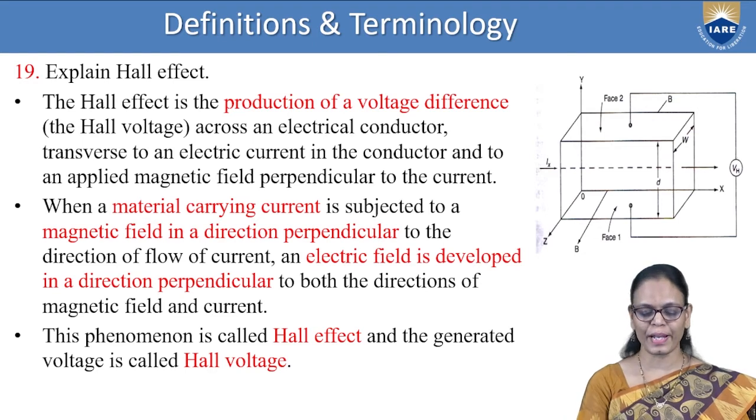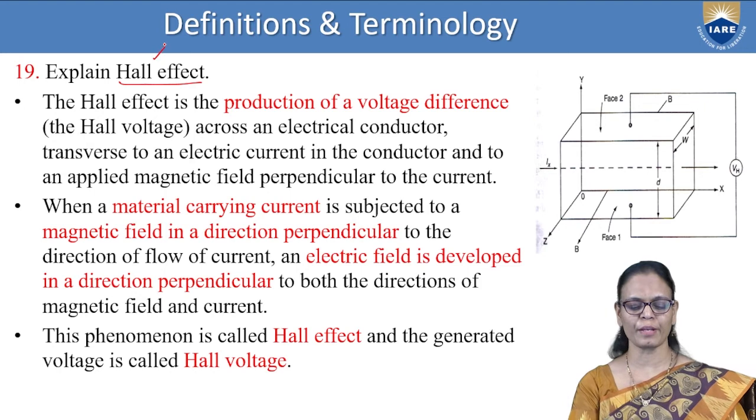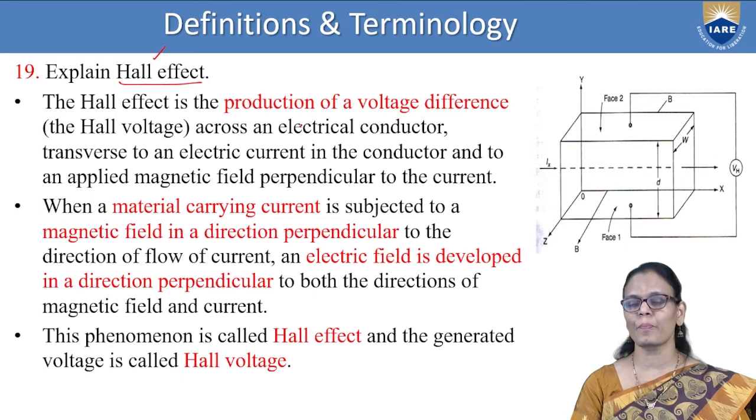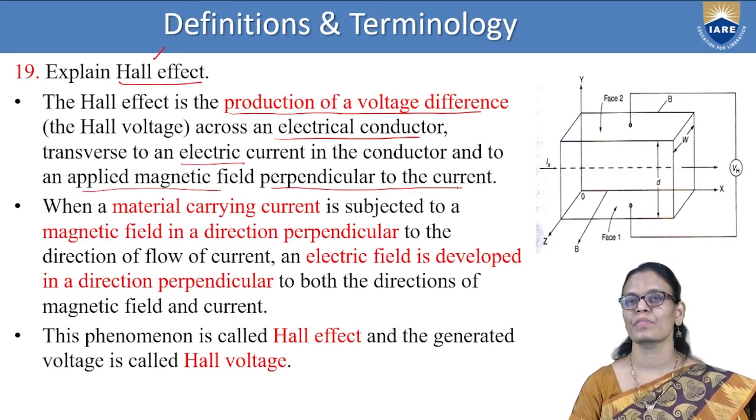Next one, explain the Hall effect. What is the Hall effect? Hall is the name of the scientist who demonstrated this effect for the first time. So let us try to understand this Hall effect. It is the production of a voltage difference across an electrical conductor, transverse to an electric current in the conductor and an applied magnetic field which is perpendicular to the current.